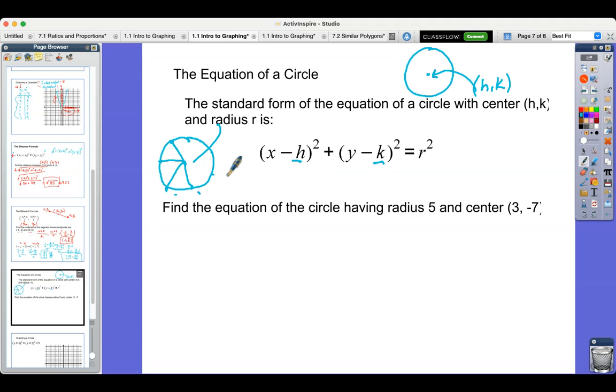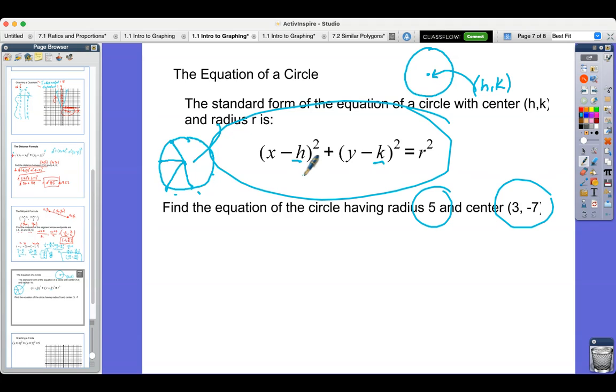Okay, so that being said, if I want you to find the equation of a circle that has a radius 5 and center 3, comma, negative 7, all you're doing is just giving me this equation, literally with this information in it. So the things that will always have numbers in it, or should always have numbers, is your h, your k, and your r.